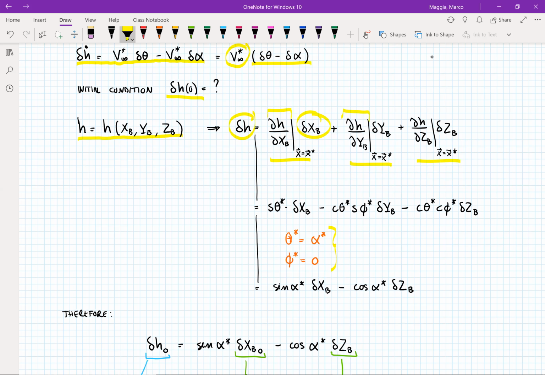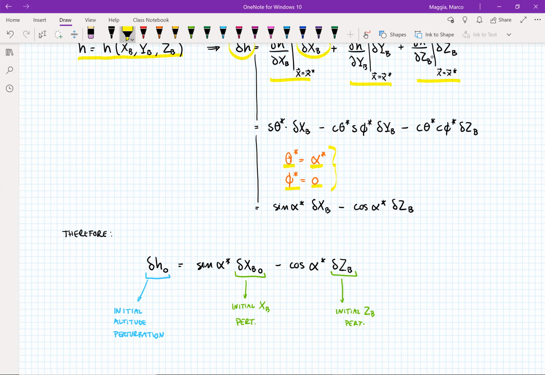In this case, we have the angles, and the reference values for the pitch angle is equal to the angle of attack, so alpha star, and the trim value for the roll angle is simply 0. So we have that the initial condition, delta H0, is simply sine of alpha star times delta xb0 minus cosine of alpha star times delta zb0.